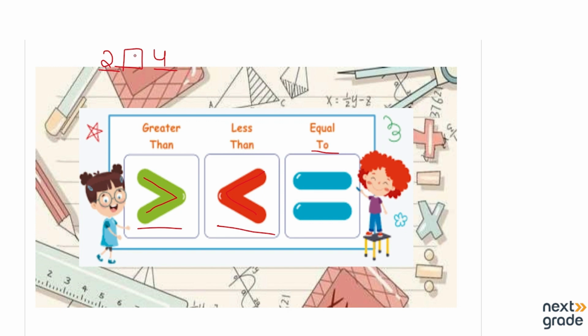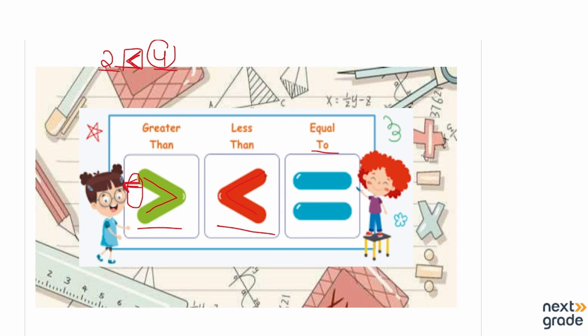We all know that 2 is less than 4. Just remember, on whichever side the greater number is, the open side will be shown over there. This open side shows that the number is greater on this side.